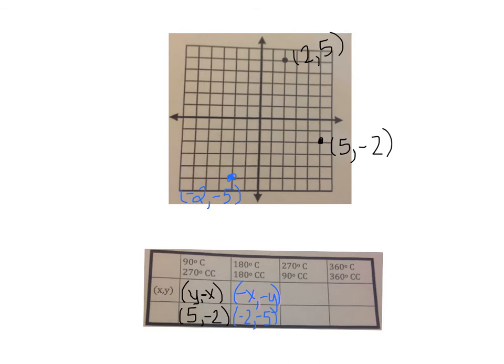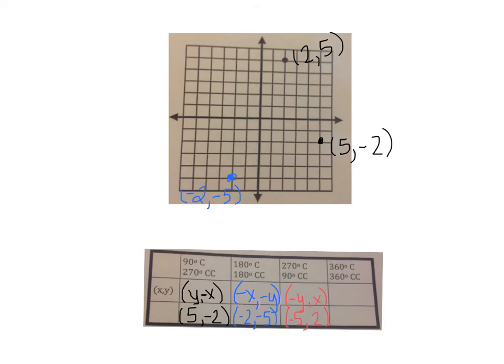Okay, now let's look at either a 270 degree clockwise turn or a 90 degree counterclockwise turn. What that's going to do is flip our terms, so it's going to be y comma x, and the y this time is going to be the opposite. So if they flip, it's going to be 5, 2, and the y is the opposite, so the y is going to become the negative, so negative 5, 2.